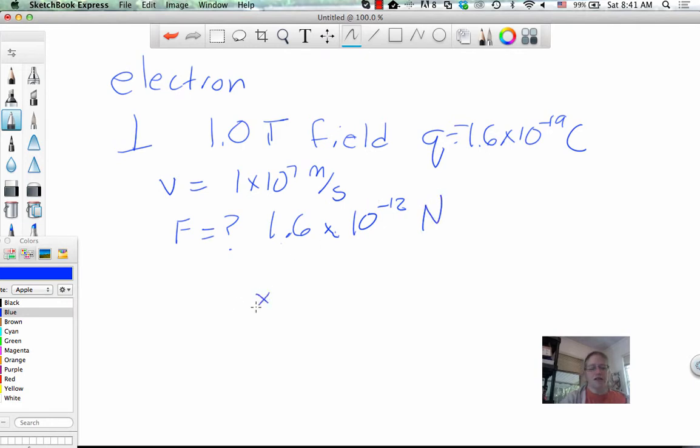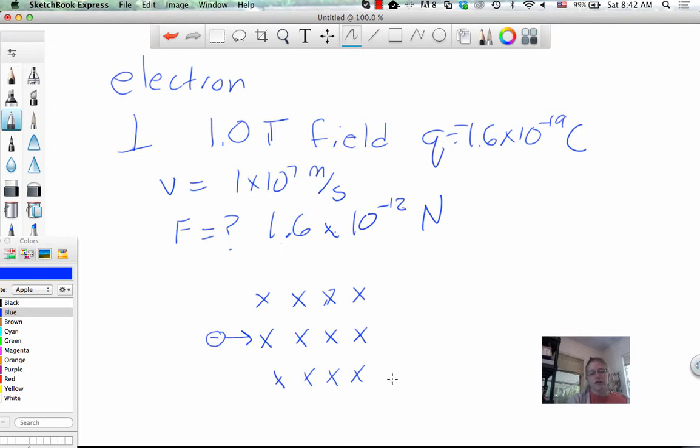Now let's take a look at this situation again, where we have a moving charge that's moving perpendicular to a magnetic field. As long as this electron, or proton, doesn't matter, is moving within the plane of the page, will it still be perpendicular to this magnetic field?